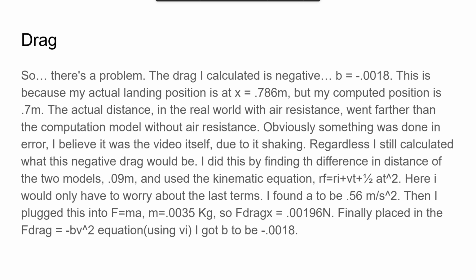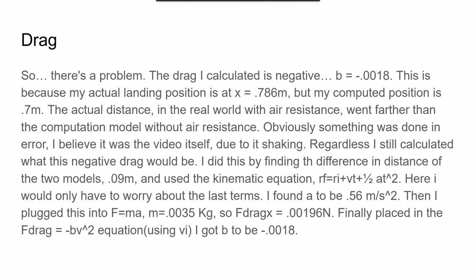I calculated b to be negative because the actual landing position is 0.786, while the computed position is only 0.7. This means the actual distance was further with air resistance than in the model that did not have air resistance.